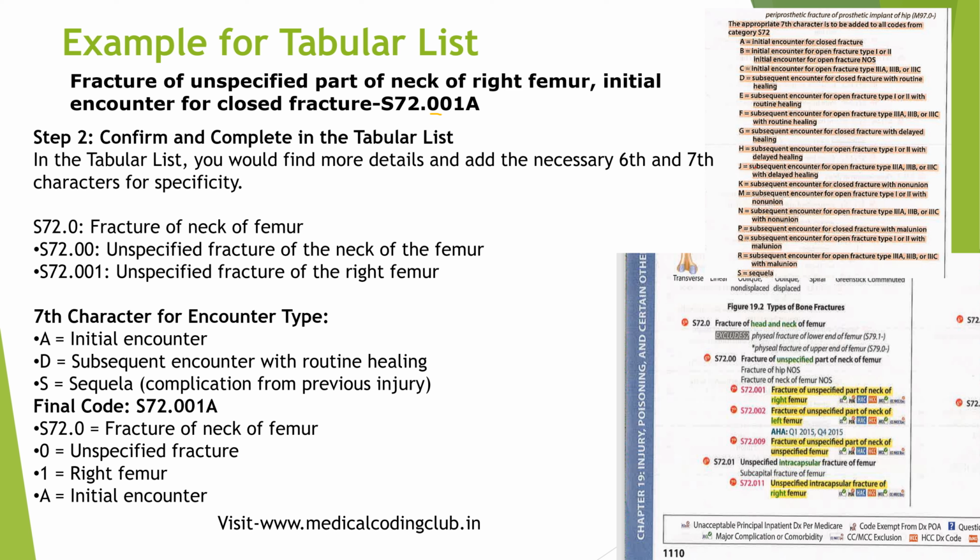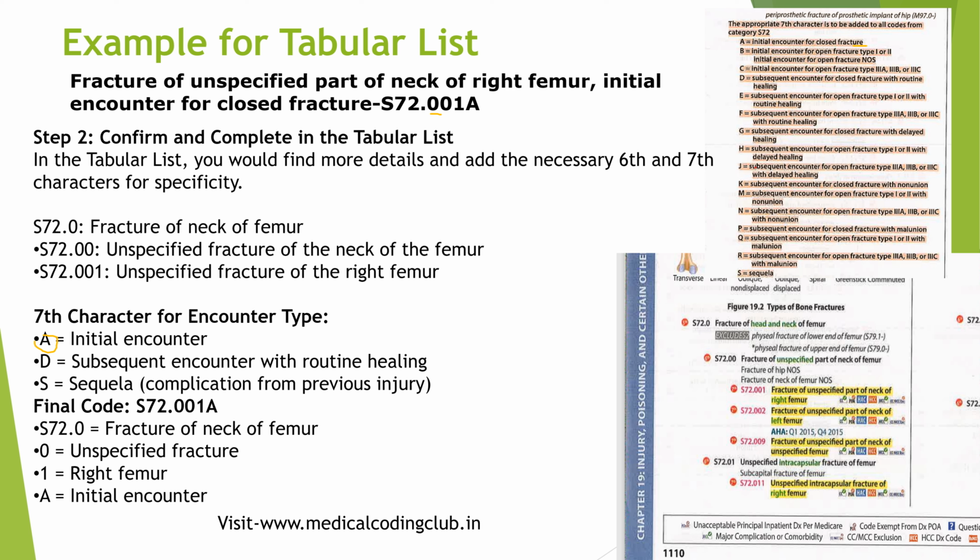Now, in my question they are talking about an initial encounter for closed fracture, so I am going to take A as my 7th character, which means initial encounter. Now I can give the complete code from the tabular list.